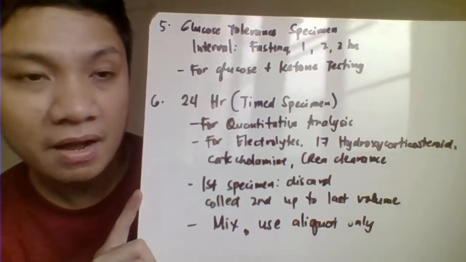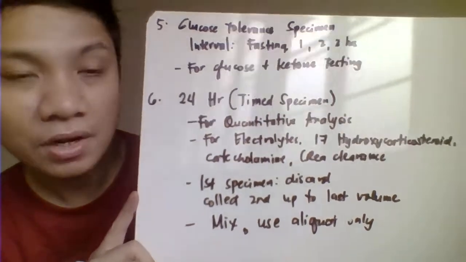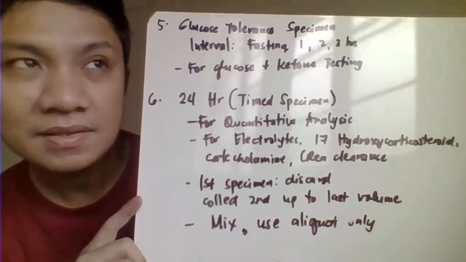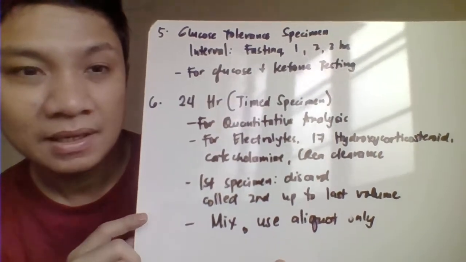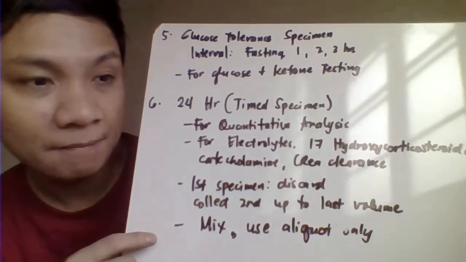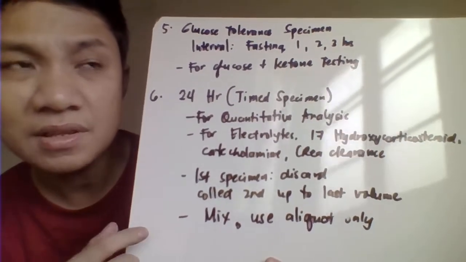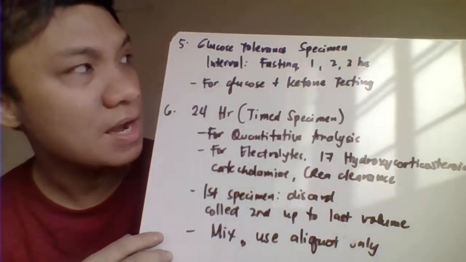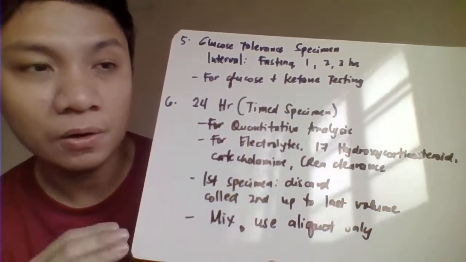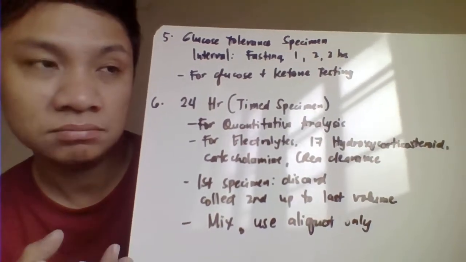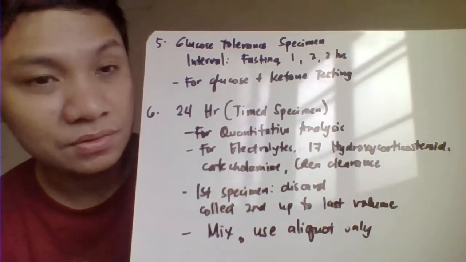Okay, the next one we have here is the glucose tolerance specimen. This is actually your specimen collected at different time intervals, so it depends on the policy of your laboratory. We can call this the oral glucose tolerance test, where you give, for example, orange juice to the patient.